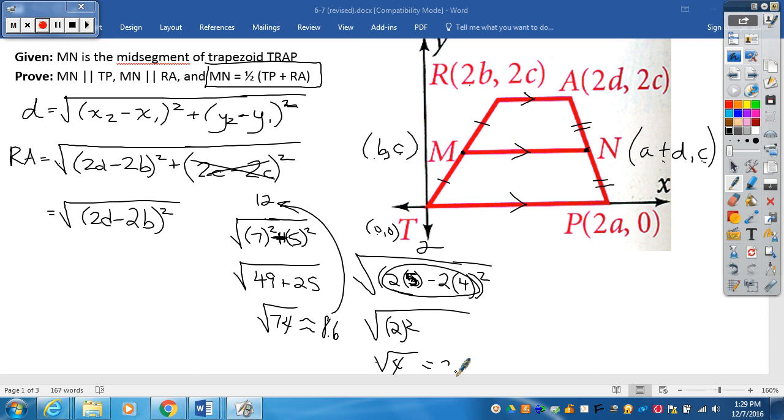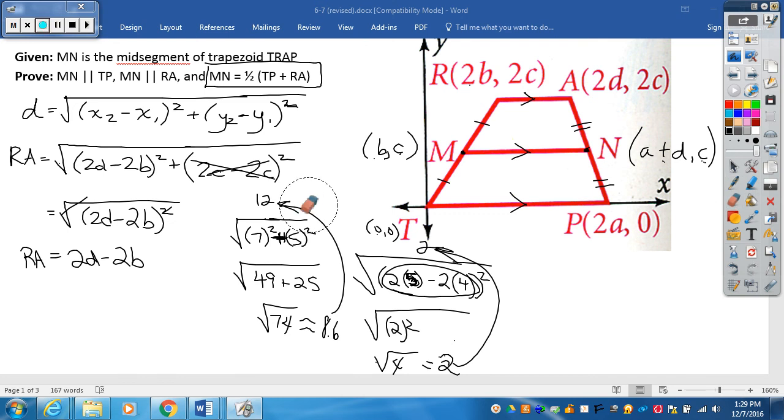So what we've just proven, sorry about that, my pen wasn't working, is that we can cancel them out when it's just one term that's being squared. So in this case, those guys are gone, and the length of RA is going to be 2D minus 2B. Okay?